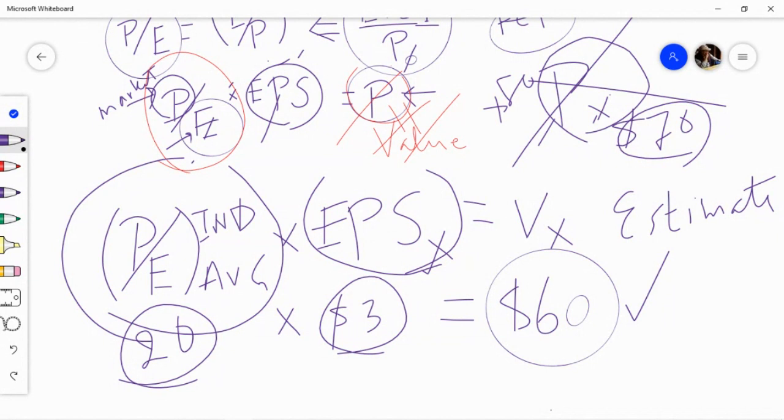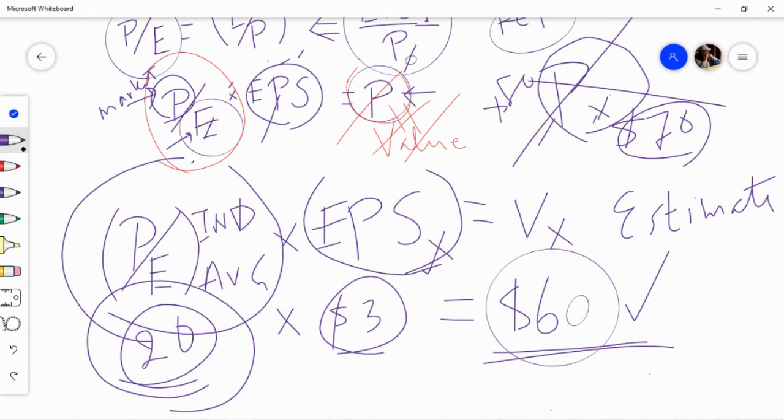But the reason we consider this as the fair value or rational value or intrinsic value is because on average, in this industry, the price earnings ratio is 20.